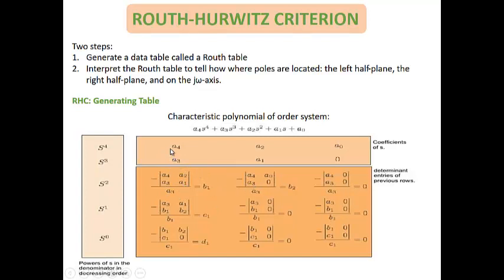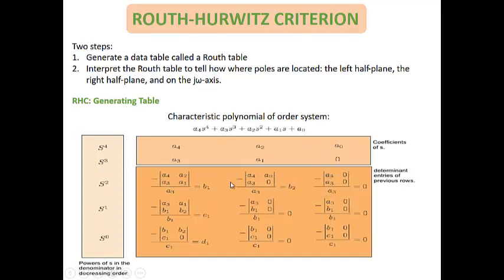Kalau untuk yang ini: A4 darab dengan kosong, tolak A0 darab dengan A3, bahagi dengan A3. So you all nampak macam mana dia calculate untuk itu. So sama juga macam ini. So A4 darab dengan kosong minus A3 darab dengan kosong, over A3.